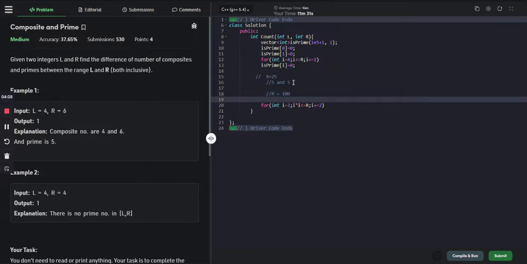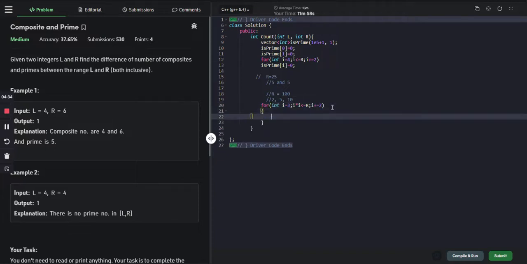If you start from 2, then you can have 2, 5 and 10. You will not find any factor after 10 for this 100. So we need to only iterate till the square root of R. So if we say i square is at most R, that also means that i is being iterated only till the square root of R.